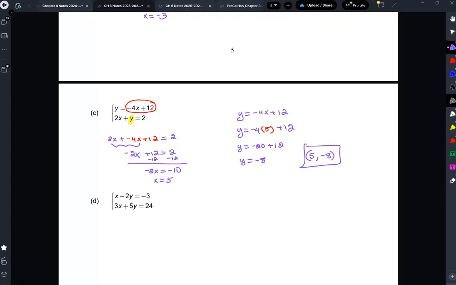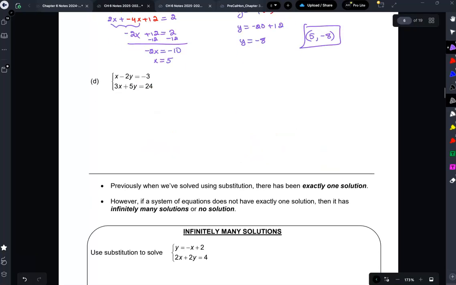Now, all these were made so easy for us because there was always an equation that said x equals something, y equals something. Here, there is no such thing. We have to make that ourselves. So what I do in this case is I look for one variable that has no coefficient, or the coefficient is 1.